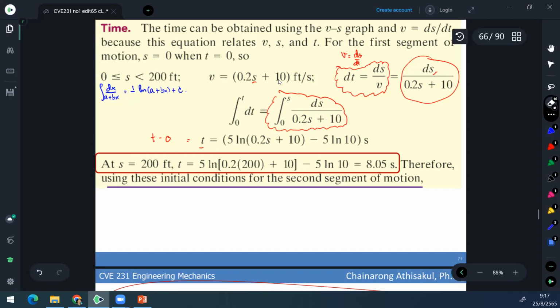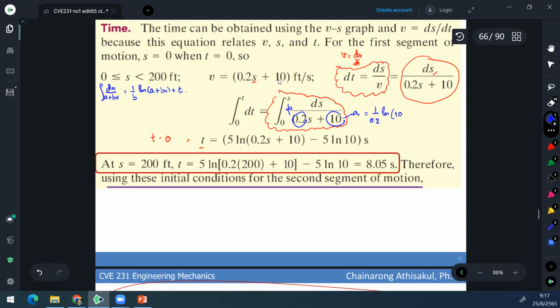According to this, integrate this term. So this is a, and this is b. For this case, it becomes 1 over 0.2 times log of 10 plus 0.2 s, using the formula like that.